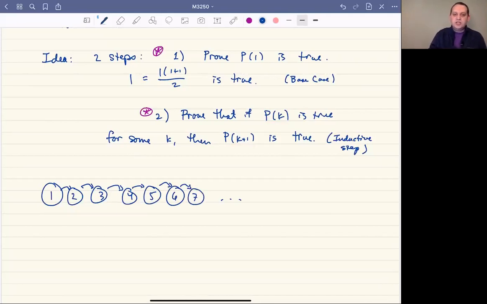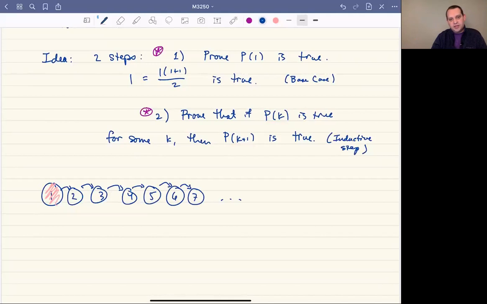And so once you have both of these steps, this shows that the statement must be true for all positive integers greater than or equal to 1. I think of this as a big game of dominoes. You push over the first domino, and then the second step, this inductive step, ensures that whenever you push over the first domino, that sends the rest of them going. So this is a big game of dominoes.